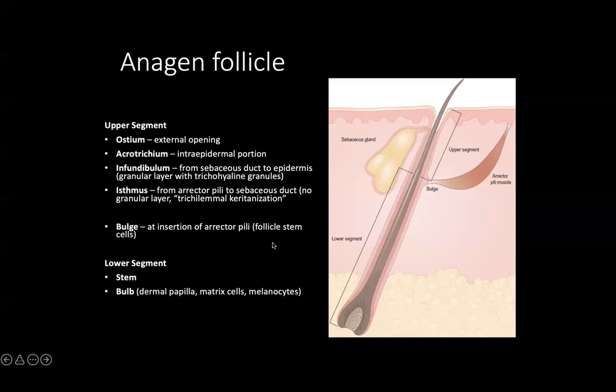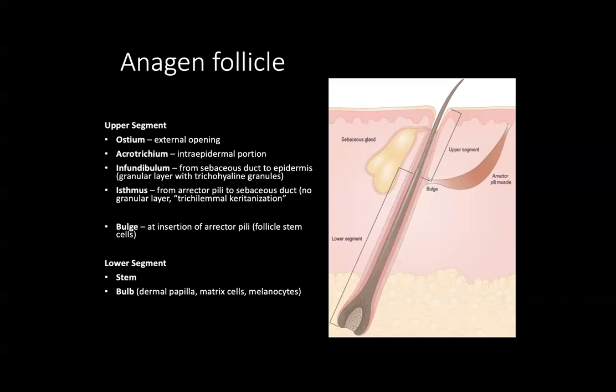So the isthmus is technically defined as from the erector pili muscle to the sebaceous duct. And that's an area where you have something called trichilemmal keratinization. So trichilemmal keratinization means that the keratinocytes produce the keratin and it skips over the keratohyalin granules.